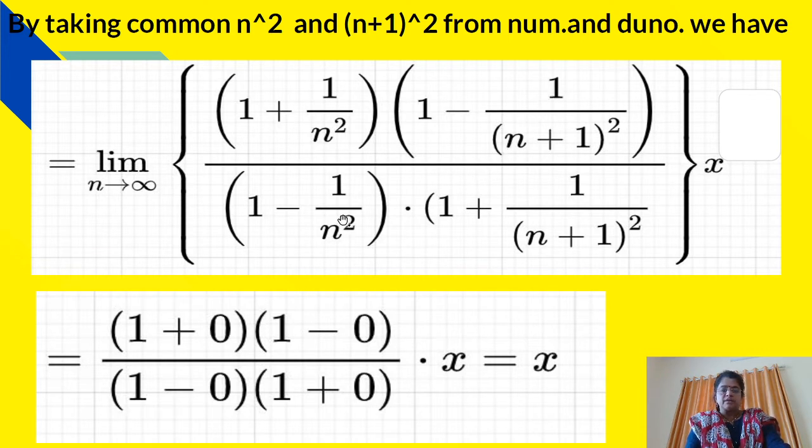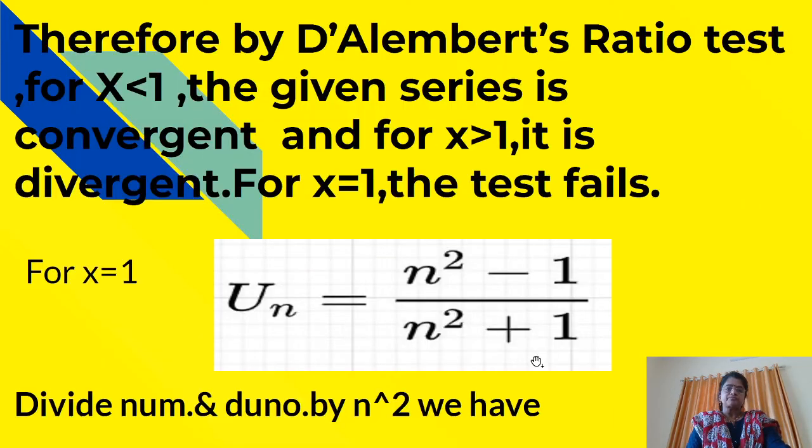In the denominator, when limit n will tends to infinity, 1 upon n square will tend to 0, and 1 upon n plus 1 bracket square will also tend to 0, and therefore we will get 1 plus 0 into 1 minus 0 upon 1 minus 0 into 1 plus 0 into x, which is equal to x.